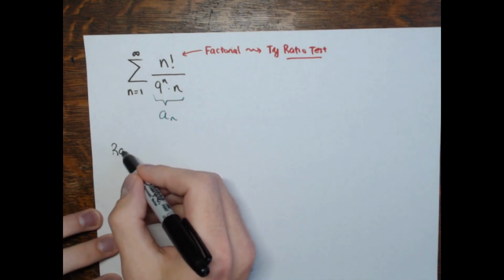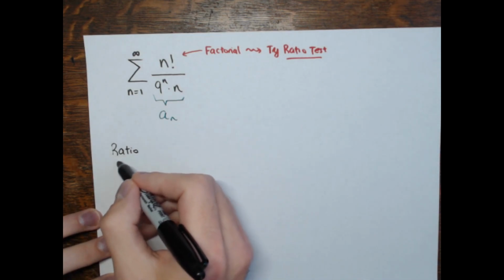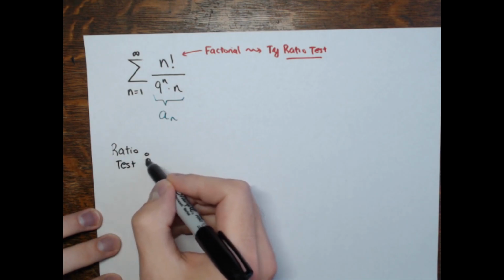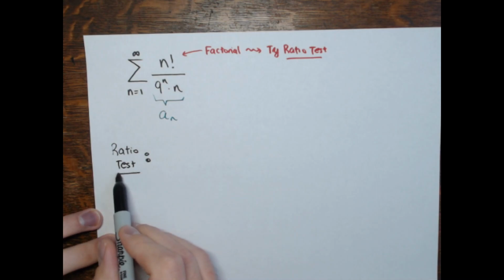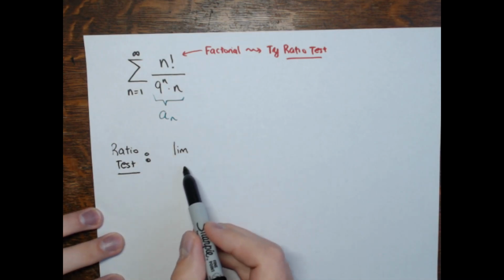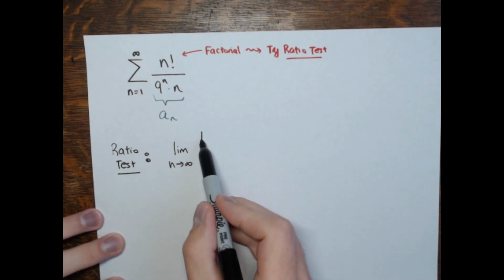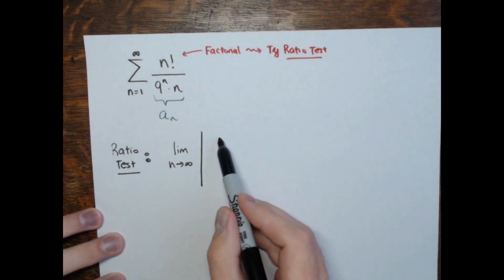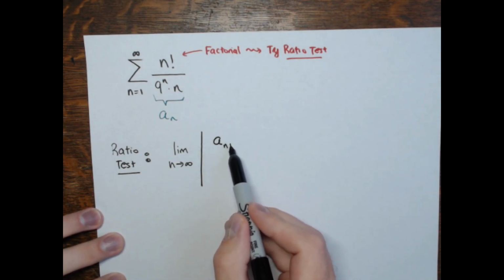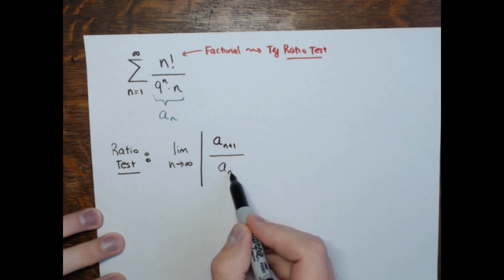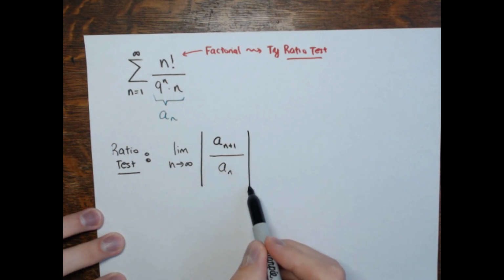We're going to apply the ratio test to see if this series is absolutely convergent, and again, if it's absolutely convergent, then it's convergent. We find the following limit: the limit as n approaches infinity of the absolute value of the n plus first term divided by the nth term.